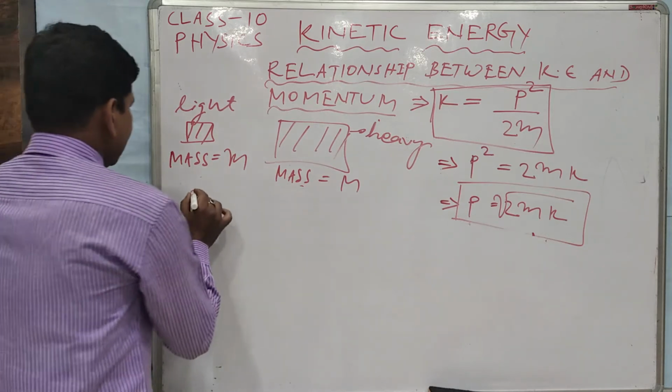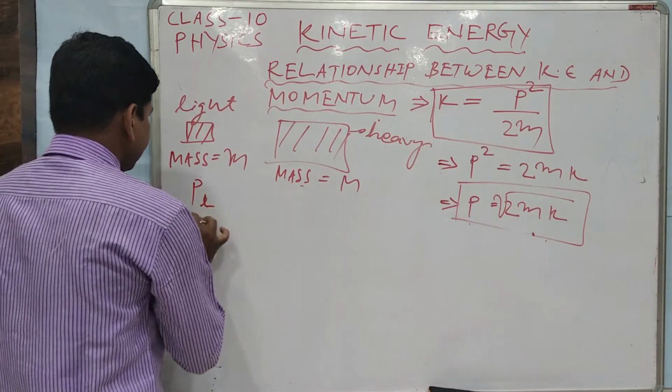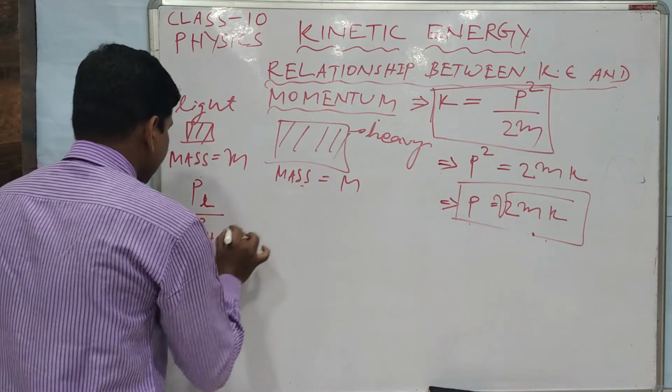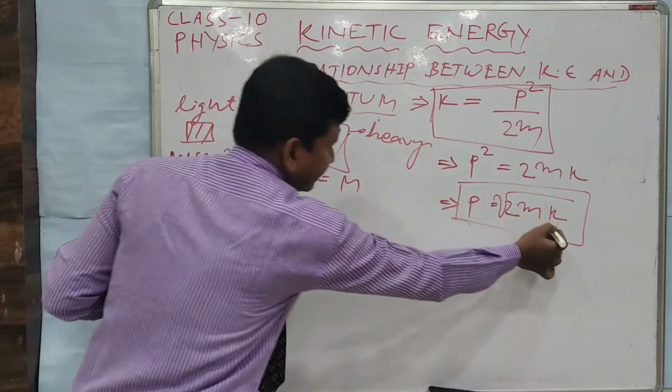In the same way, find the momentum of the light body divided by the momentum of the heavy body. You know the momentum of a body is root of 2mK.